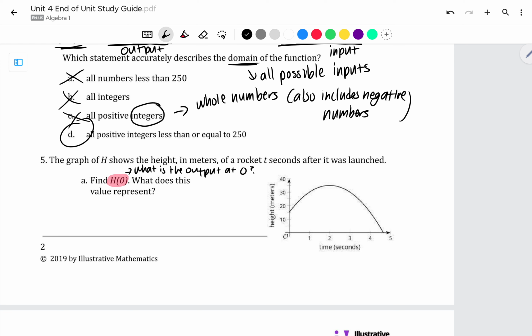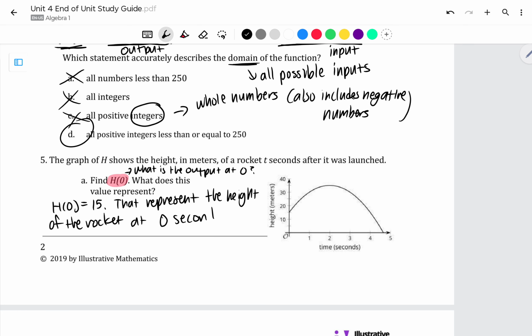What does this value represent? H of 0 equals 15. What does that 15 represent? 15 is on the y-axis, the height. The height of the rocket at 0 seconds, right at the beginning.